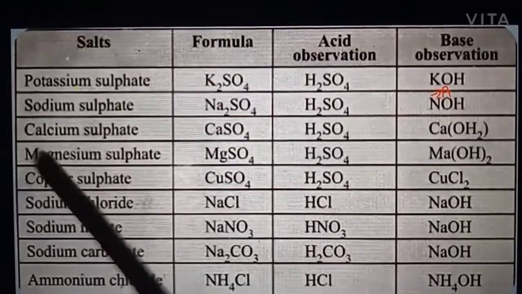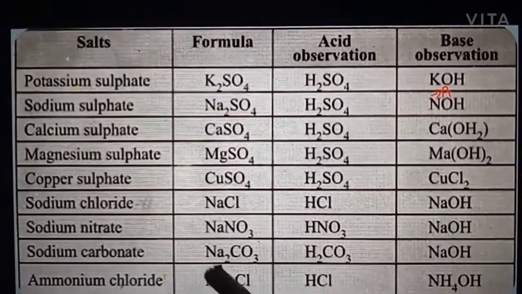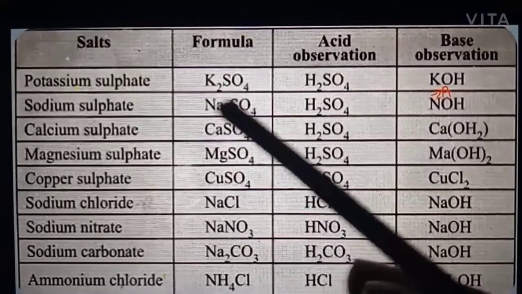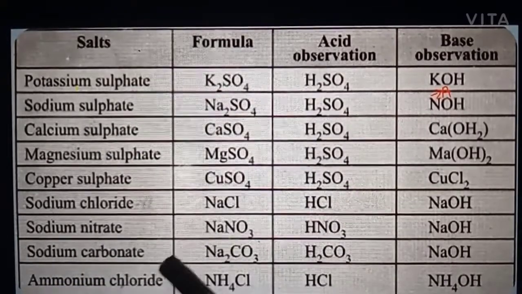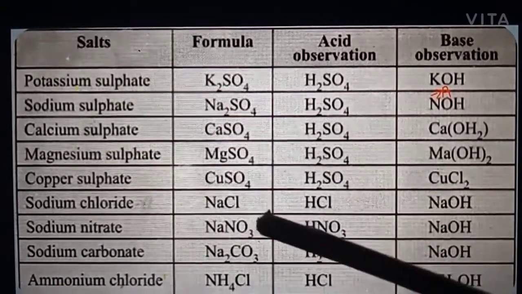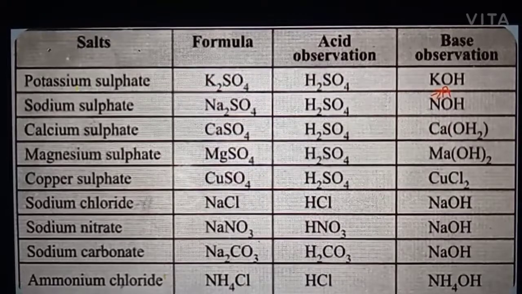Or, for example, consider sodium: Na2SO4, sodium sulfate, sodium nitrate, sodium carbonate, these are the sodium family. So on the basis of the particular radical, which is nothing but an ion, we are distributing the salts.